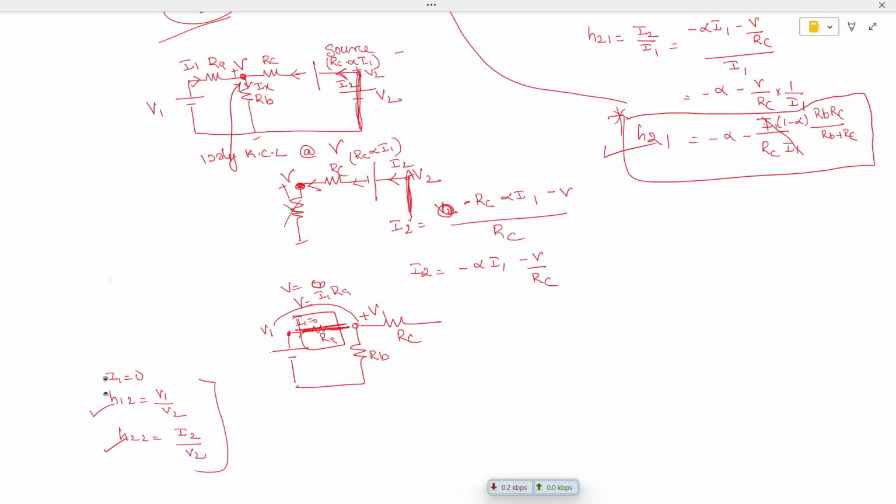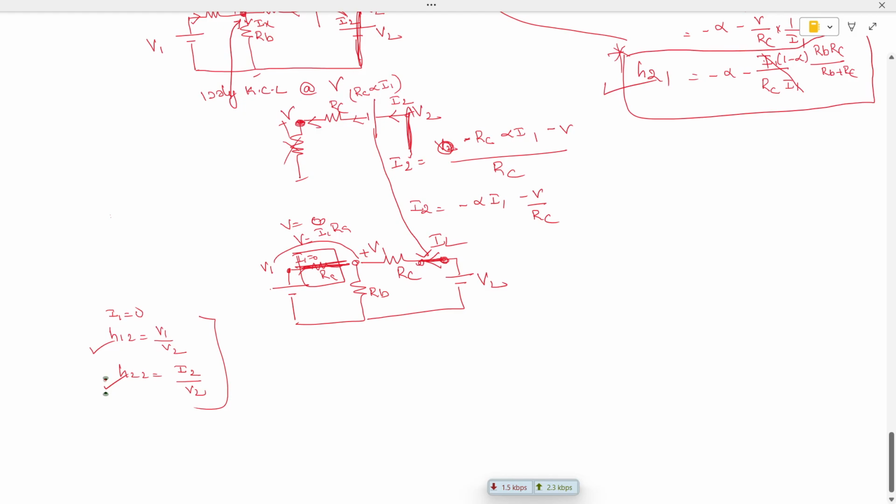In this source, I1 is 0, so this is completely a short circuit. And here we have the voltage V2 and the current in this branch is I2, and this source is short circuited. So this is the resultant we are having.